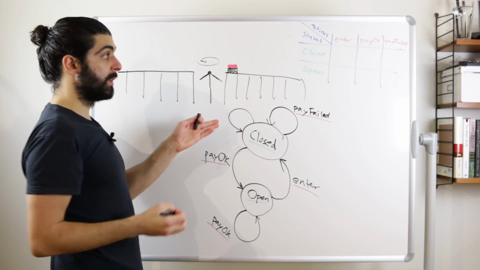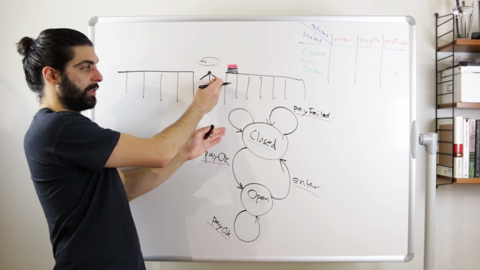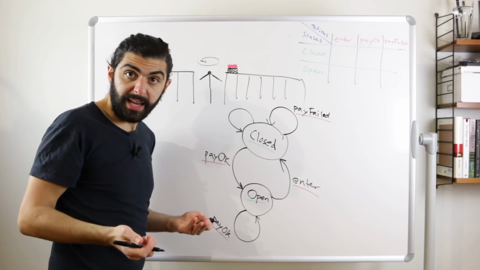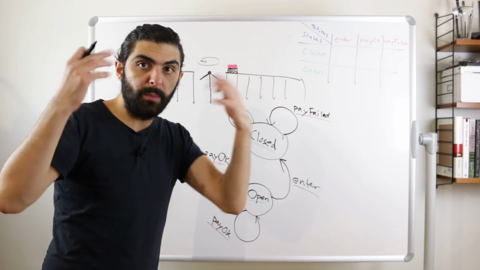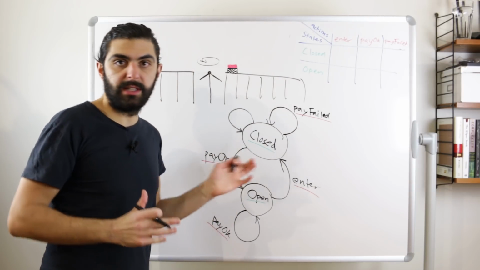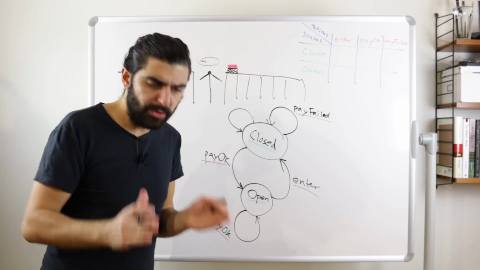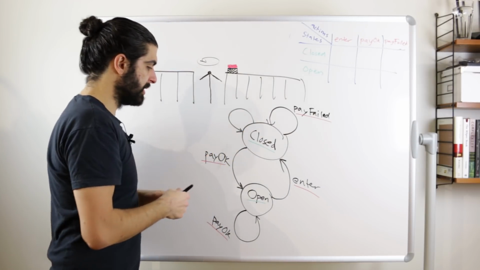It's closed. We try to push. We try to enter through the turnstile, but because we haven't paid, and we know we haven't paid because we're in the closed state. Again, remember, there is no memory in this machine. It's just that if I am currently, right now, in the closed state, that means I have not been paid to allow somebody to enter, which means I should stay in the closed state.